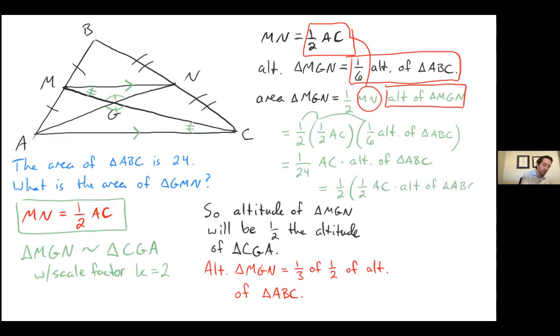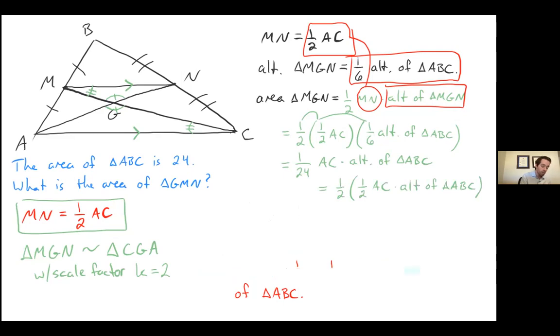And this might be more helpful to write as 1/12 times 1/2 times AC times altitude of triangle ABC. I wrote 1/2, I should have written 1/12. Sorry, because 1/2 times 1/12 would be 1/24.